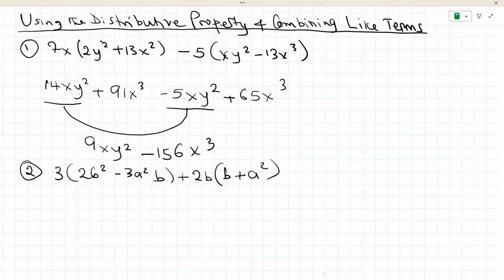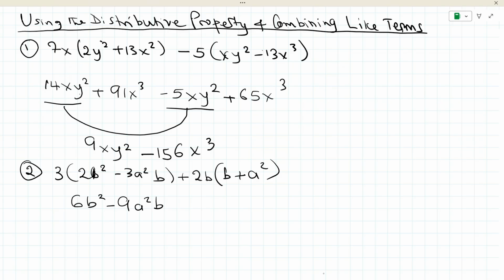So we have to distribute out our expression. So 3 times 2b squared will be 6b squared. And then 3 times minus 3a squared b will be minus 9a squared b.